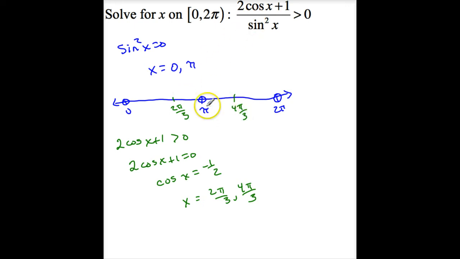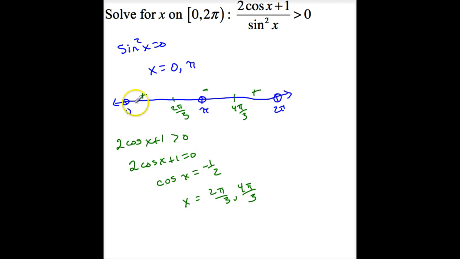Now, when I am between 0 and 2 pi, this function is positive. Between 2 pi over 3 and 4 pi over 3, 2 cosine x plus 1 is negative. And between 4 pi over 3 and 2 pi, this is again positive. So my solution is, let me come over here and put it in red.